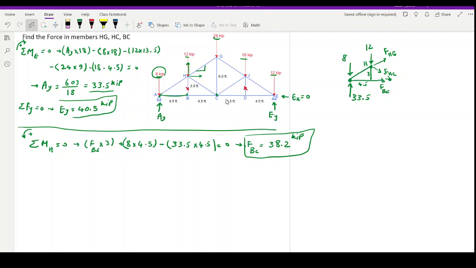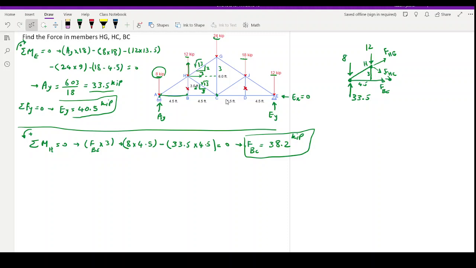If I draw a triangle in here, this is going to be 3, this is going to be 4.5. On the other hand, this is 2, this is 3, and this is going to be the square root of 2 squared plus 3 squared, which is 4 plus 9, and that's square root of 13. I will use this one also; it's the same, again 3, this is 2, and that's square root of 13.